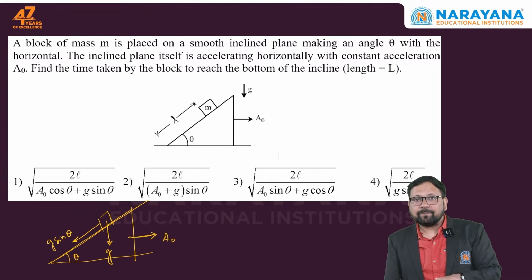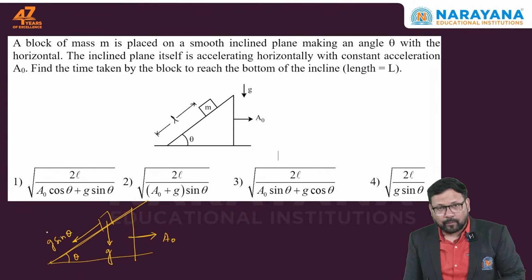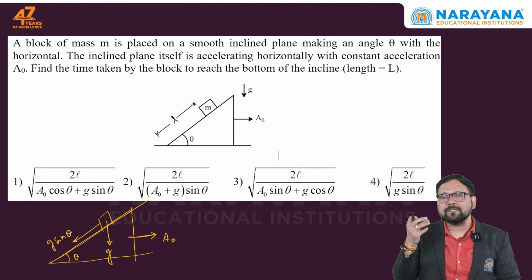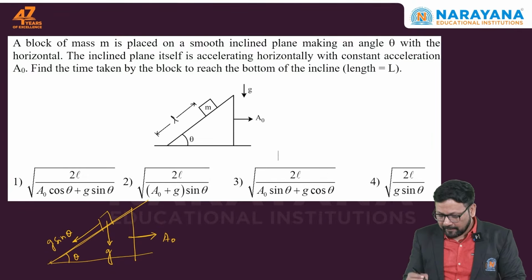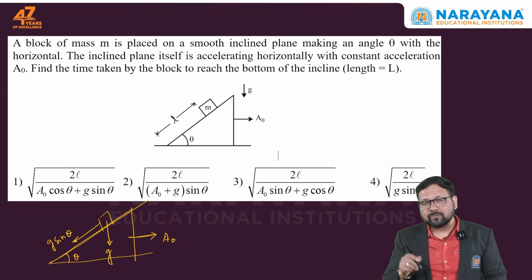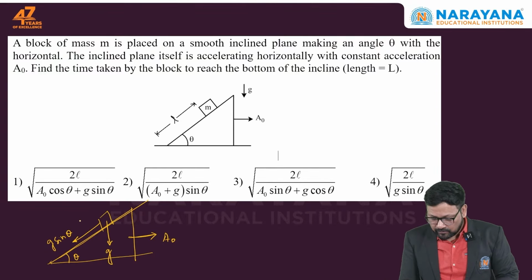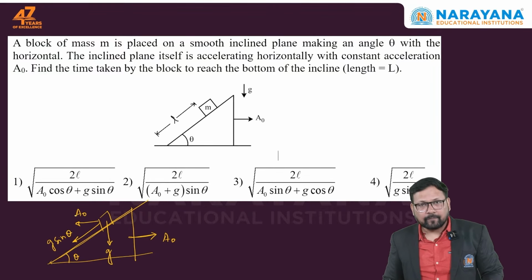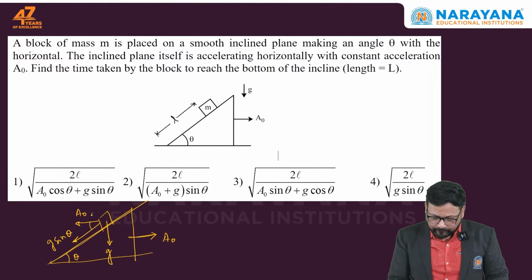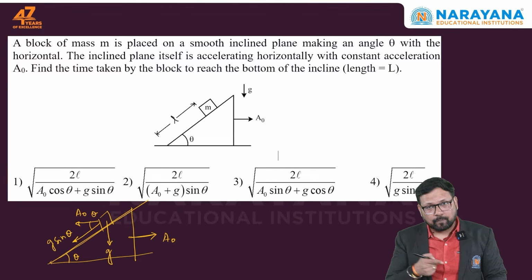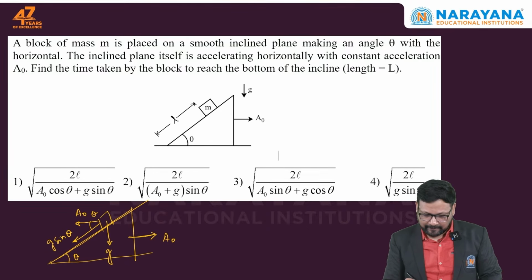This acceleration will be giving us a pseudo force because the frame is non-inertial now. What is the frame of the block? What is the surface of the block? Inclined plane. And the inclined plane is accelerating, so that becomes non-inertial. So hence we will be applying it in the opposite direction. There is a pseudo acceleration. Now this a naught, with g sine theta, the slope of the incline is also making theta angle.